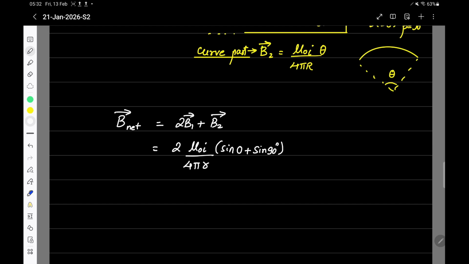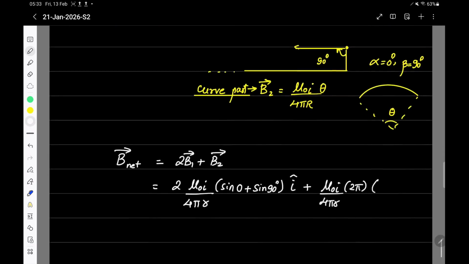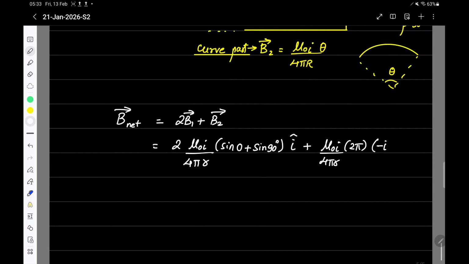Due to both the straight parts, the magnetic field is outside the board, so plus I cap. Plus, due to the circular part, it is mu naught I by 4 pi r, and since we have a full circle, it subtends an angle of 2 pi, into the magnetic field due to the circular part. If you curl your fingers, the magnetic field is into the board, so minus I cap.